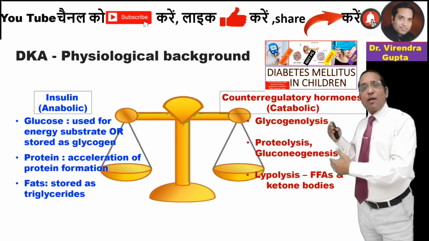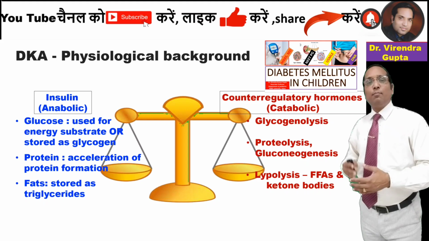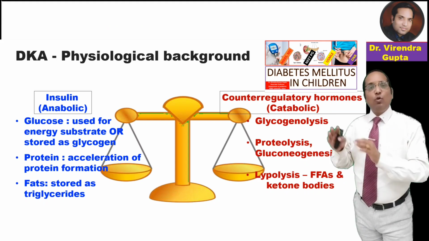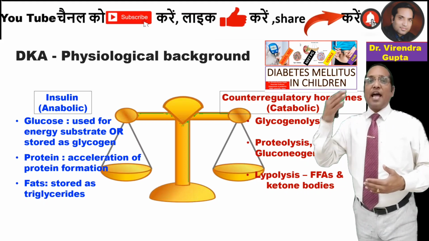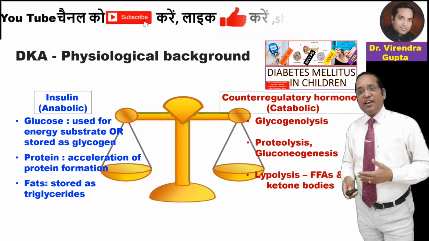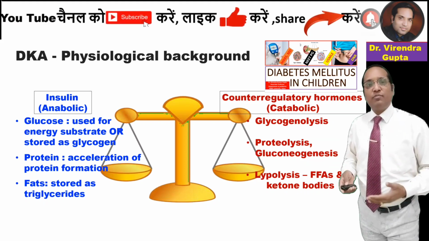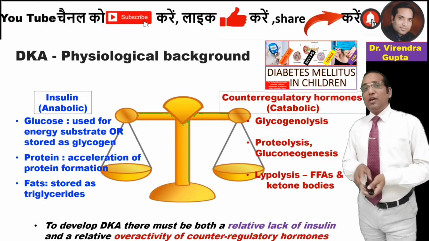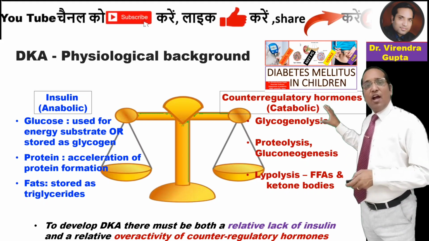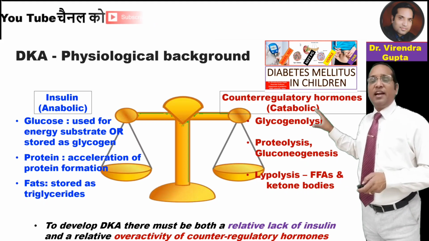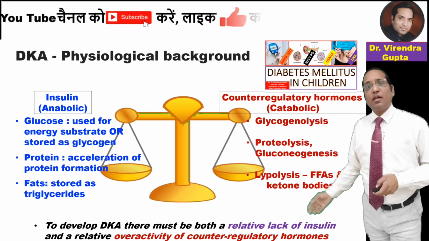The counter-regulatory hormone glucagon causes glycogenolysis, proteolysis and gluconeogenesis, causing hyperglycemia, which causes osmotic diuresis and dehydration, and lipolysis may cause free fatty acids and production of ketone bodies. So guys, to develop DKA, there must be both a relative lack of insulin along with relative overactivity of the counter-regulatory hormone glucagon.